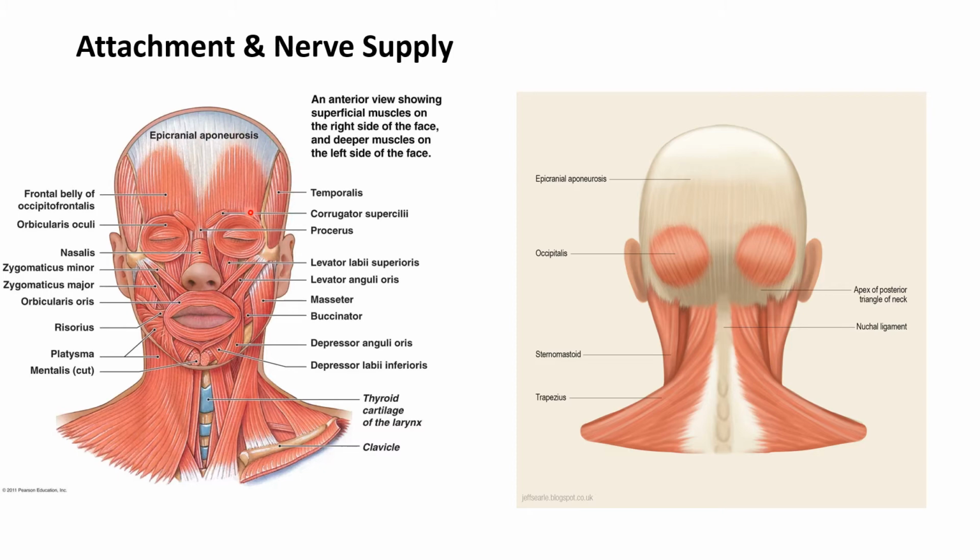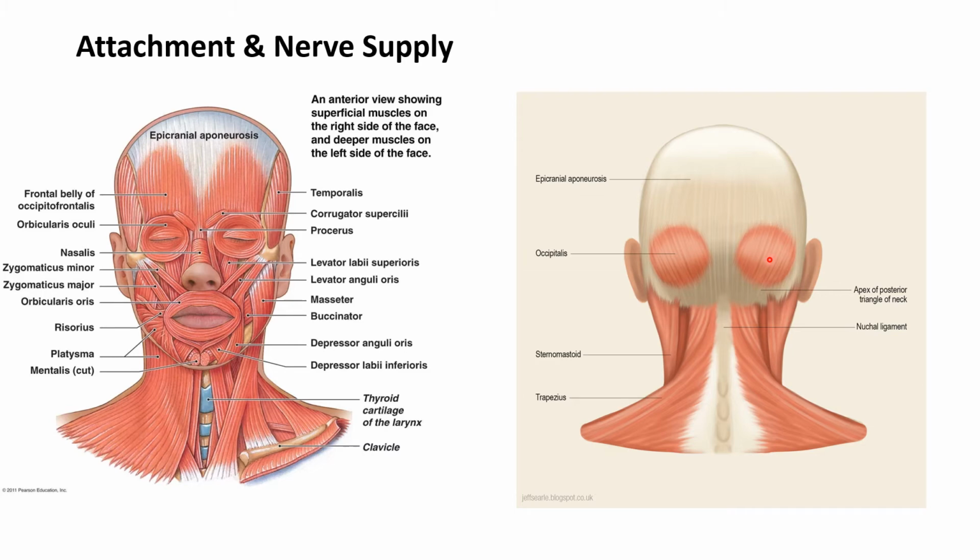Now, what is the nerve supply? These will be supplied by branches of the facial nerve. We haven't done the facial nerve. I know you don't know anything about it, but presently, just take my word for it, that the frontal bellies are supplied by the temporal branches of the facial nerve. If you remember facial nerve, good enough, but we will have to remember this. So by the temporal branches of the facial nerve for the frontal bellies, and the occipital bellies are supplied by the posterior auricular nerve.